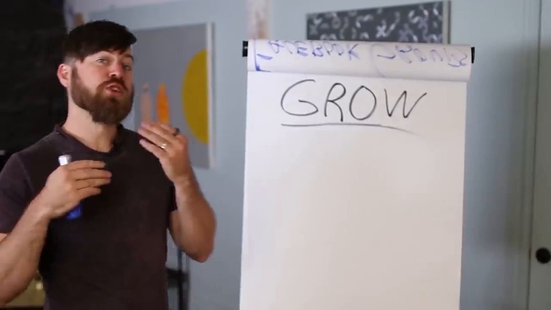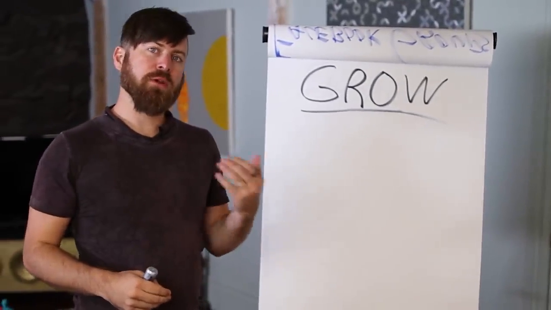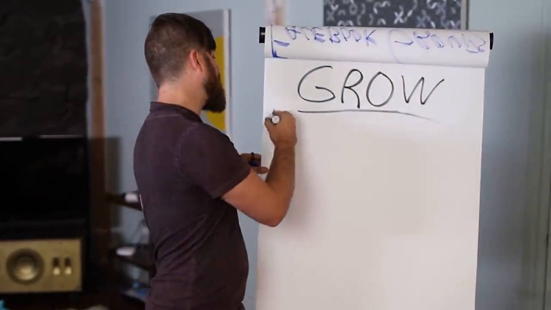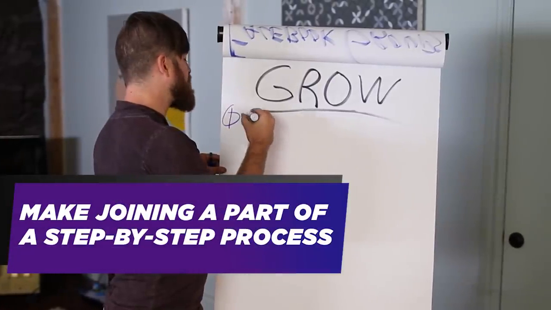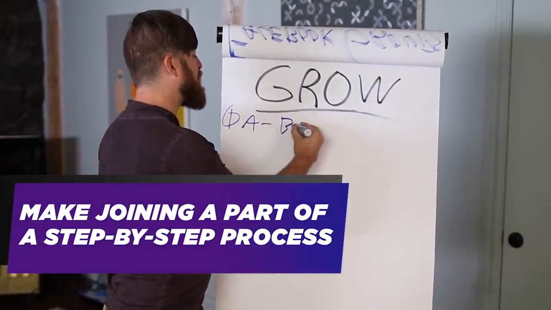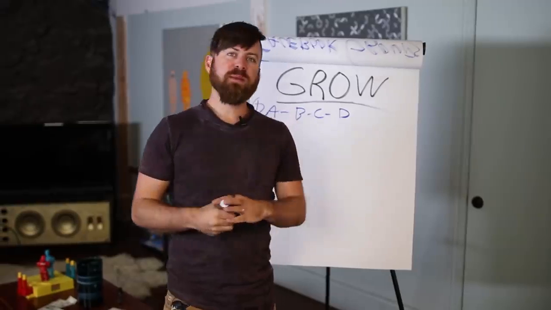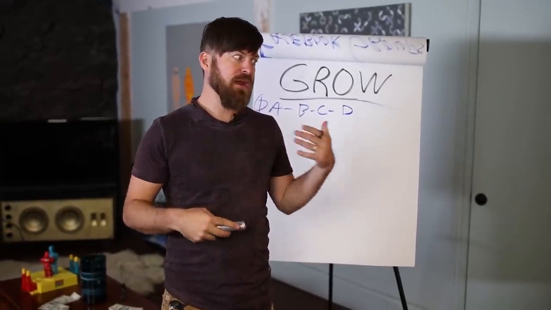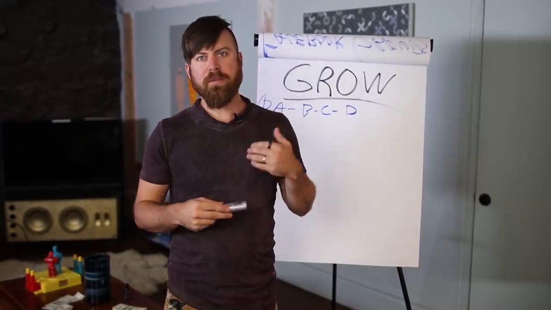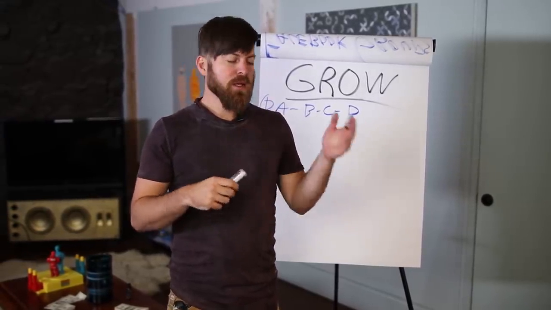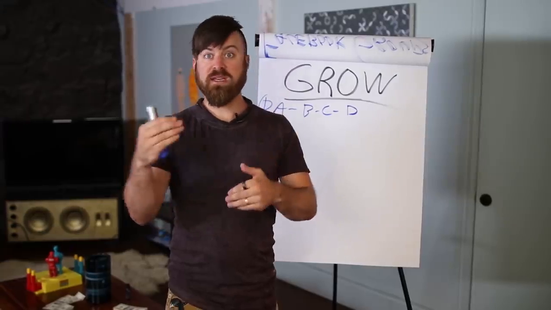Let's get into it. So one of the first ways to grow your Facebook group is to make joining it a step-by-step process, an A to B to C to D process. For instance, if you're having people sign up for an email list, or register for a web page or click on a link, you can ask them to do things in a sequential order.